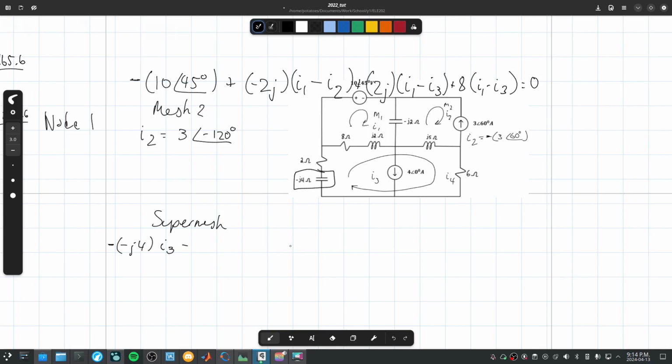Because we're working in passive mode. Passive mode is going to be negative the resistivity times the current. The resistivity here is negative J4, and the current is I3. So that's negative 4J I3.